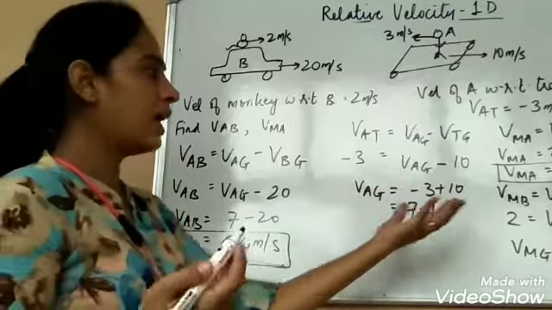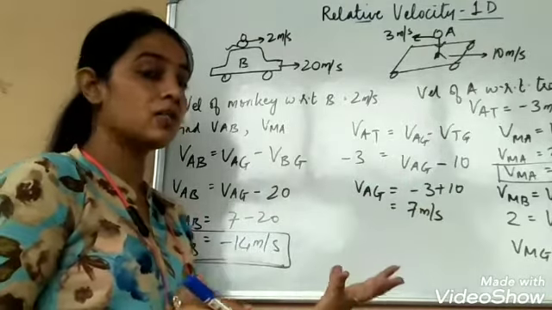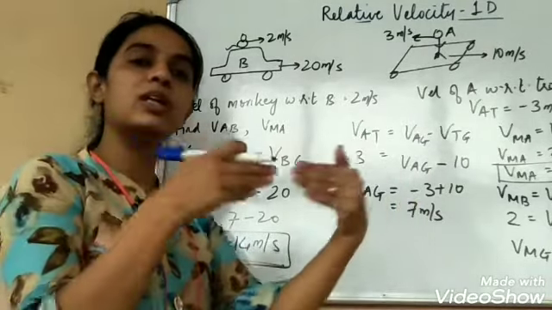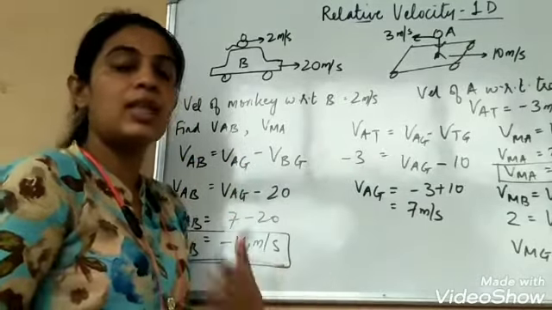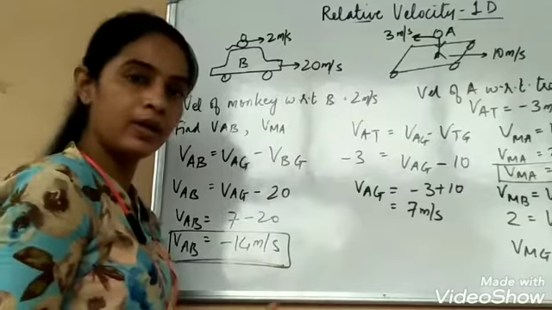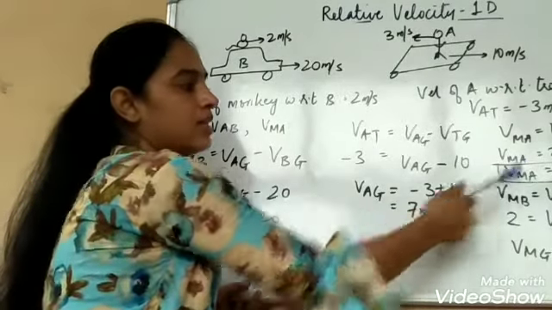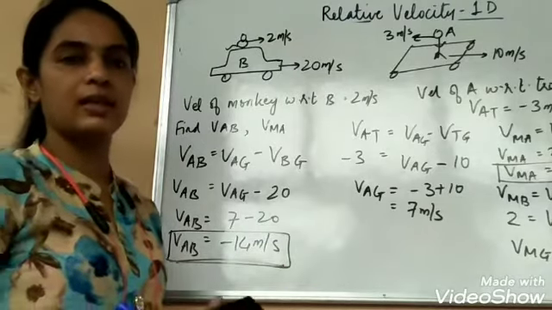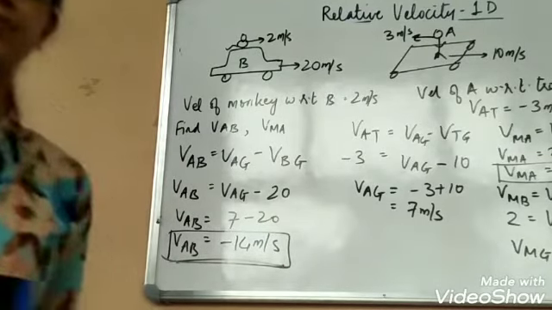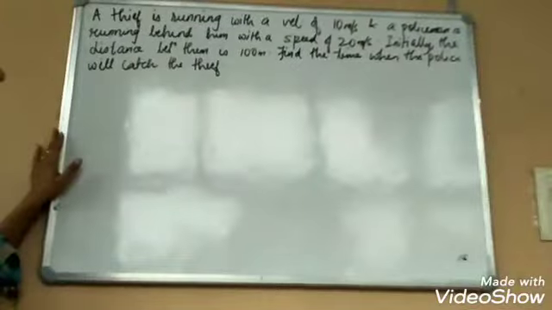Why does A see the velocity of monkey as more? Because both are moving in the opposite direction. Since both are moving in the opposite direction, their velocities add up and A sees the velocity of monkey as more. Okay, so let's take the next question.